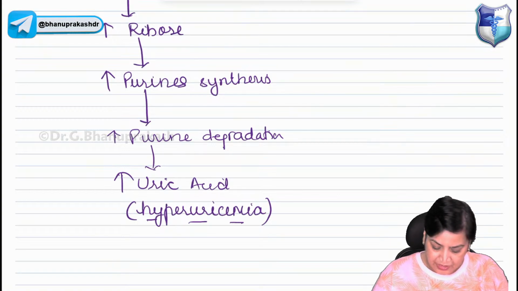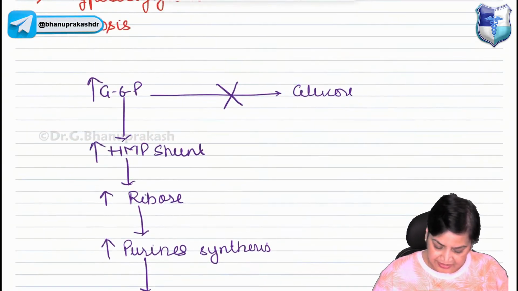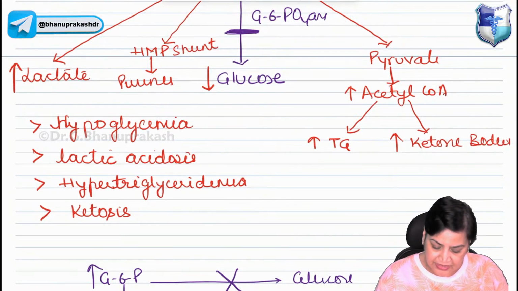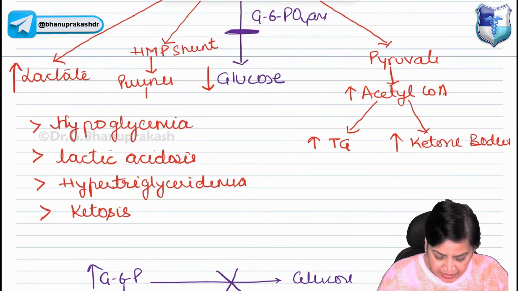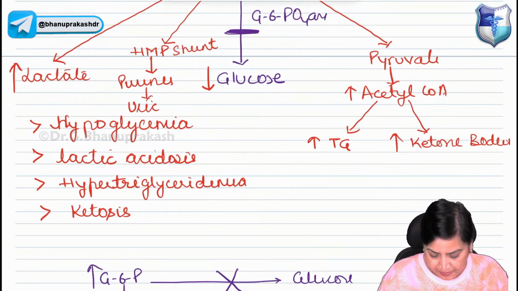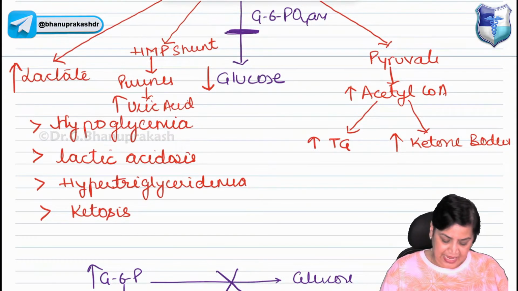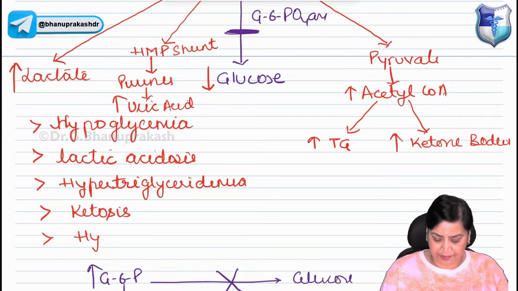Clear? So I will write it here: HMP shunt to purines, or simply uric acid. So uric acid also increases, and this is known as hyperuricemia.